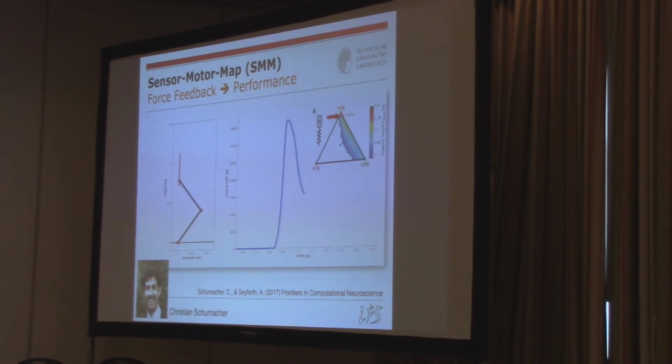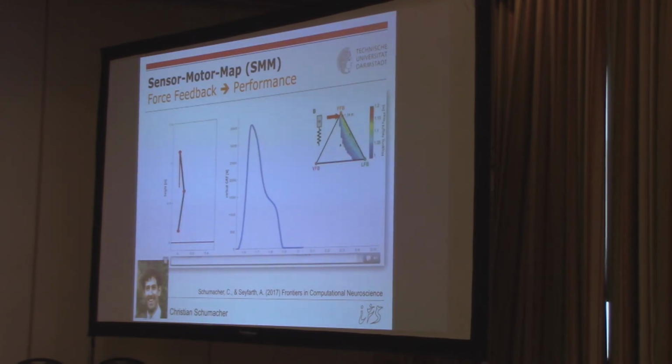Performance here means highest hopping height, and in this corner you can see the stable region, and the highest performance is gained by a point close to pure force feedback, which means that with force feedback you can have a higher hopping height.